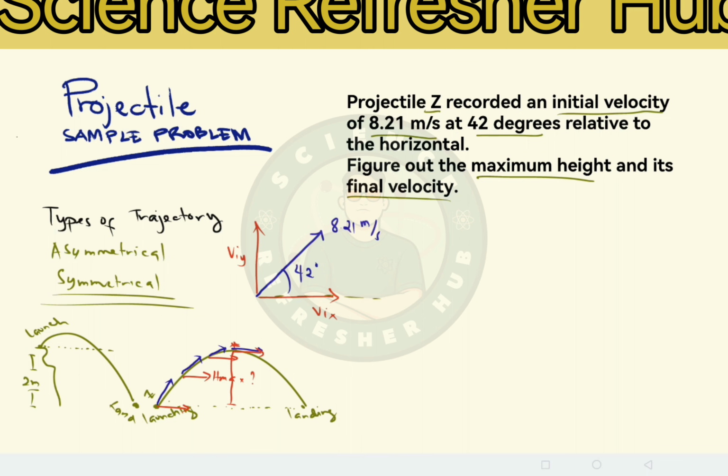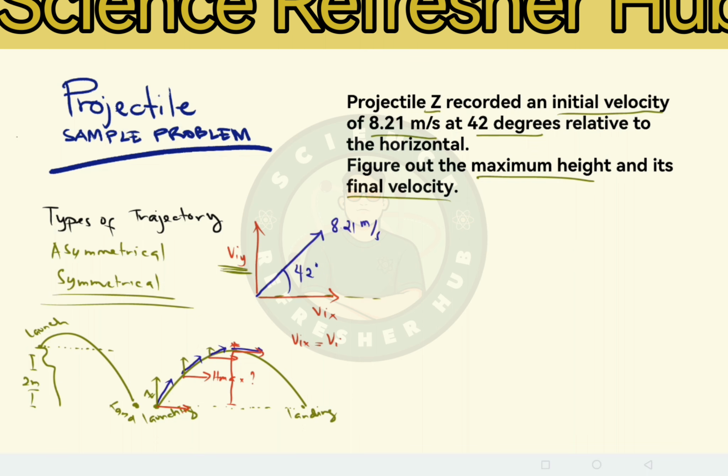And then once it is at max height, remember that VIX is equivalent to the initial velocity recorded. The only thing that becomes zero here is our VIY. So when it goes up, it covers a high number of meters, and then it will decrease.